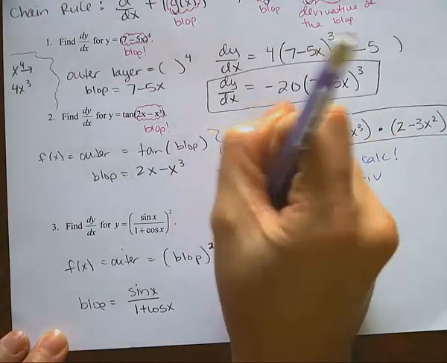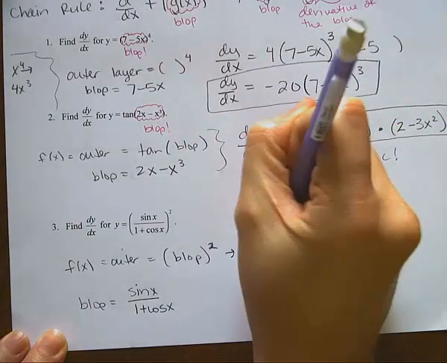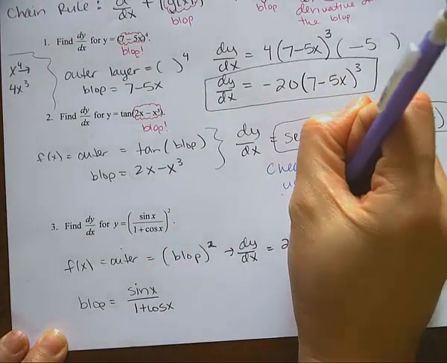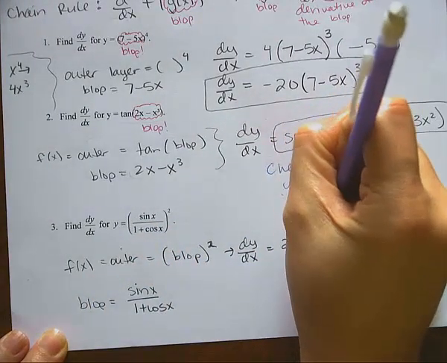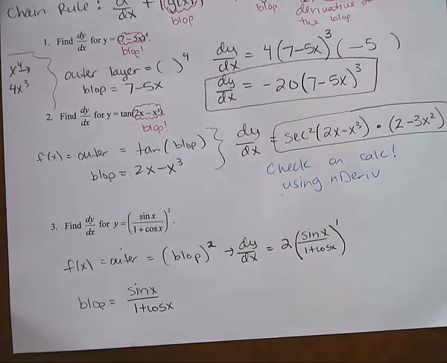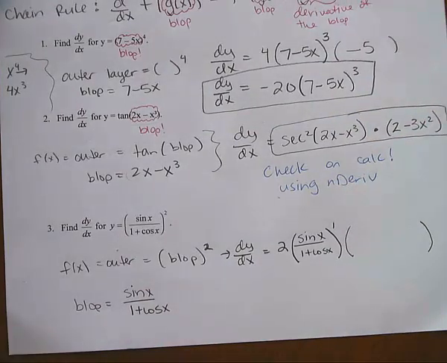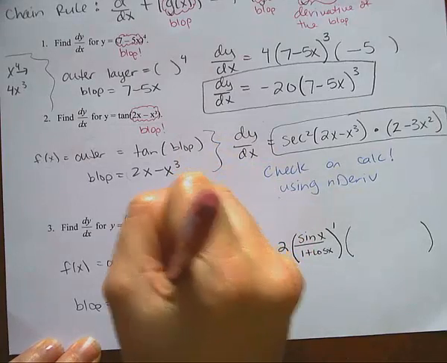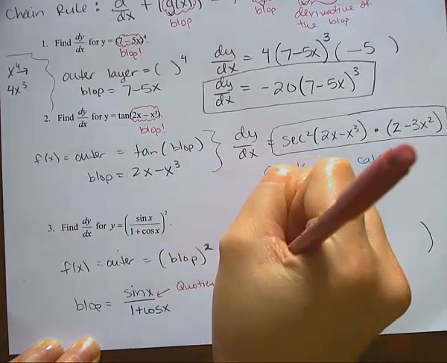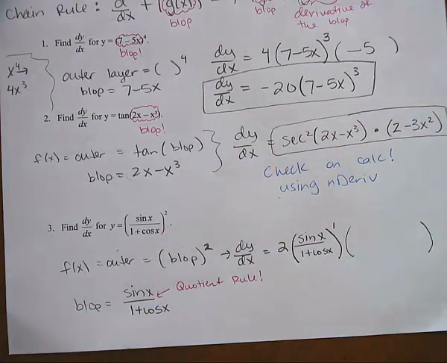So dy dx is going to be 2 times the BLOP, which is sine x all over 1 plus cosine x to the first power, because you reduce the power by 1, times the derivative of BLOP. So that's going to take some time because I need the quotient rule to be able to even figure out the derivative of this BLOP. So I'm going to go ahead and find my u and my v.